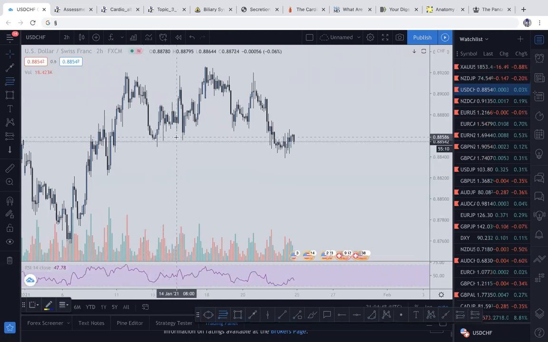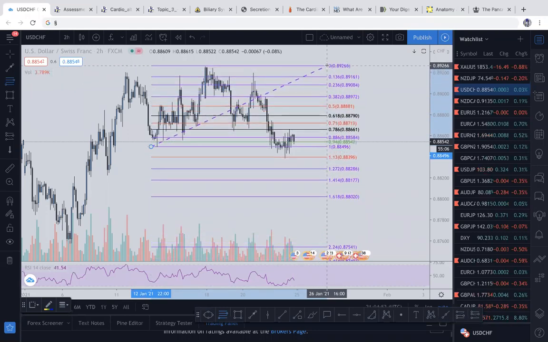So I can see this area as a clear area, right? So let's assume this area fits from there.